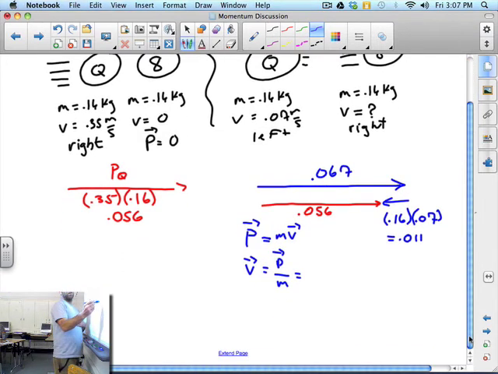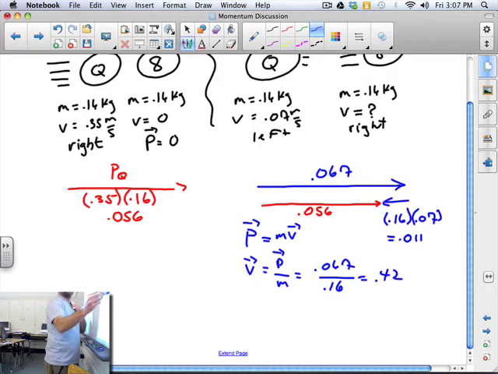So you're doing 0.067 over 0.16, is that right? Or am I messing this up? And you get 0.41375. Okay, so 0.42 is fine by me.